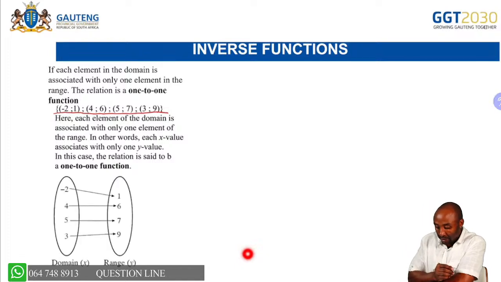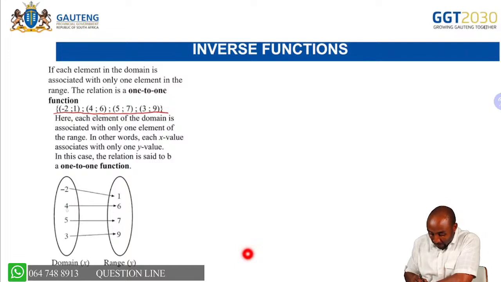This is illustrated in the diagram below. -2 goes with 1, 4 goes with 6, 5 goes with 7, and 3 goes with 9. Then we are able to deduce that this is a one-to-one function because every x value in the domain is associated with only one y value in the range.